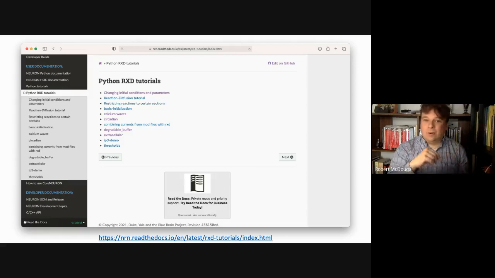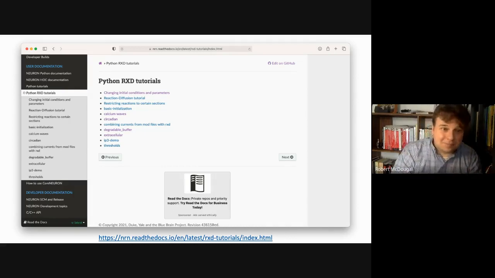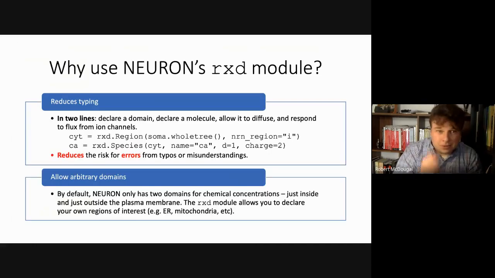You can then hit the link to Colab and run it yourself. There's a number of examples. We actually have a few more on the NEURON website itself that I've been meaning to transfer over. But if anybody wants a good project and wants to do software development, let me know.